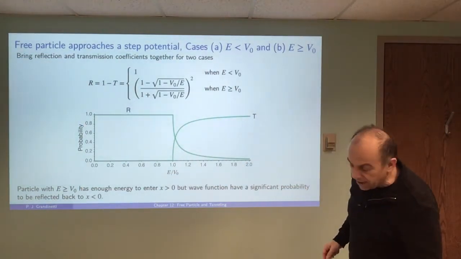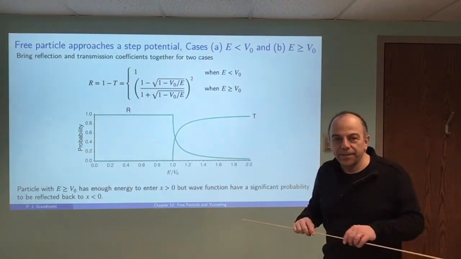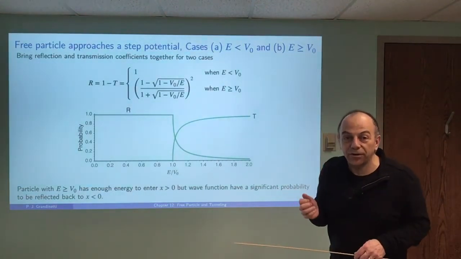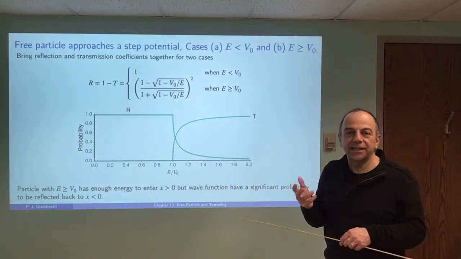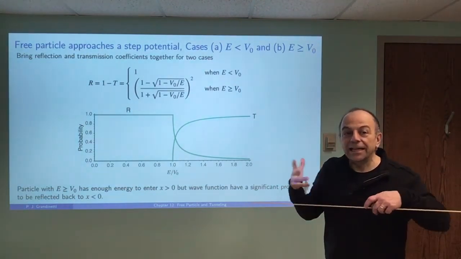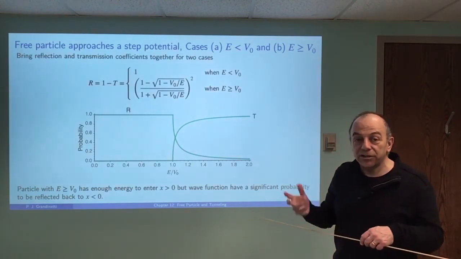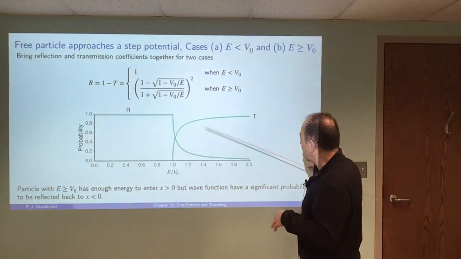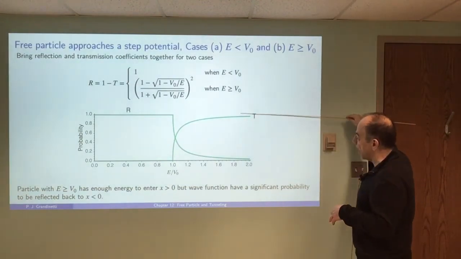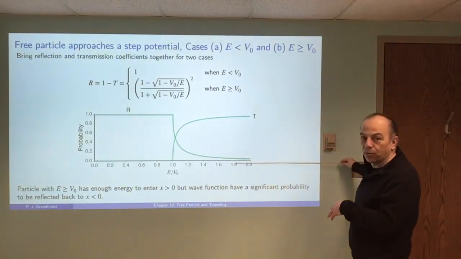Okay, so this describes the very strange behavior of the quantum particle that, as it approaches a barrier, does things that, in the limit that your energy gets very large, look like what the classical particle will do. So in the very large energy limit, we get 100% transmission and 0 reflection.